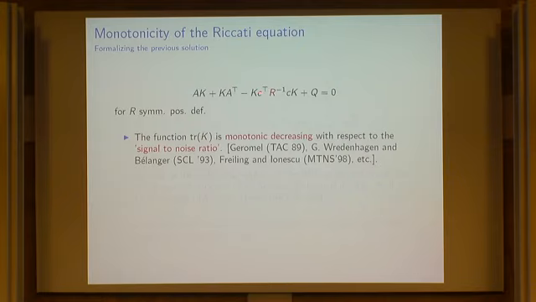They've put here a matrix R, positive definite, and what they have shown is that the trace of K is monotonic decreasing with respect to what I call the signal-to-noise ratio, which is here the matrix R. So think of C as being fixed in norm. If R increases, you can think of putting R here in the C's, that gives you a larger C. And when R increases, trace of K will decrease. So that just formalizes or proves mathematically the obvious statement that if the signal-to-noise ratio improves, you have a better estimate.